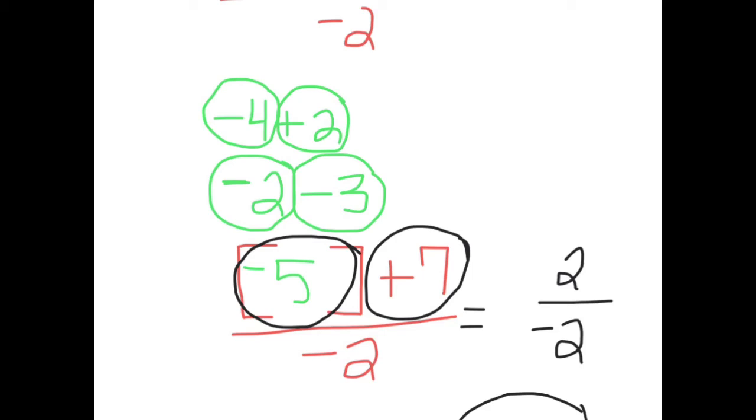Okay? Last example is going to be, because I think it's important for you to remember what happens with exponents. So 4 squared minus a -5, close that parenthesis, all over a -7.